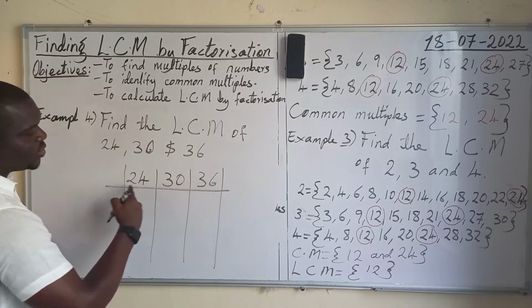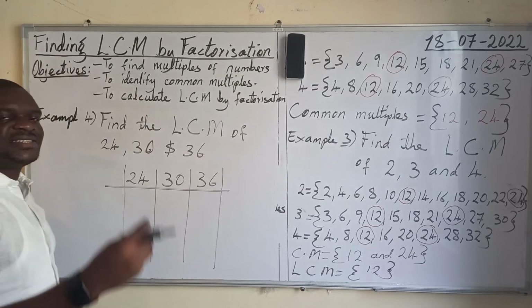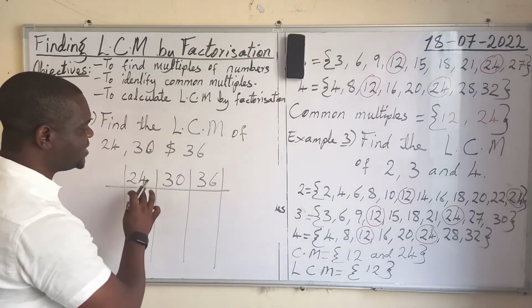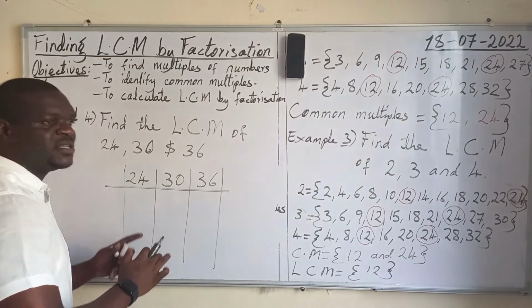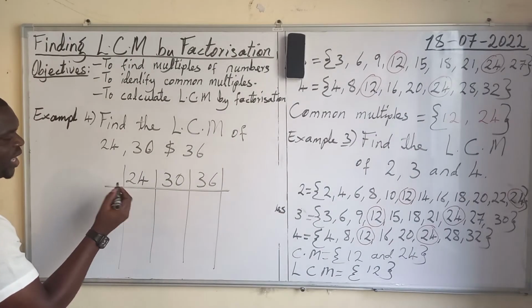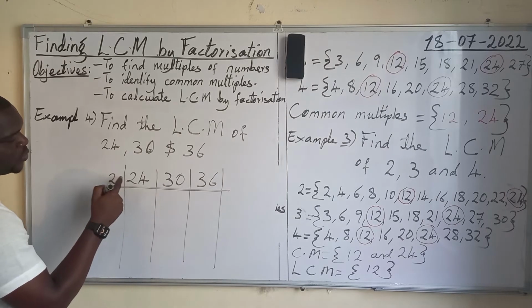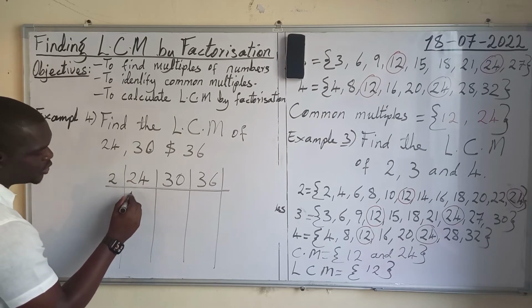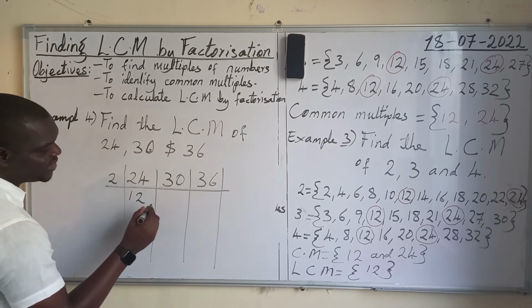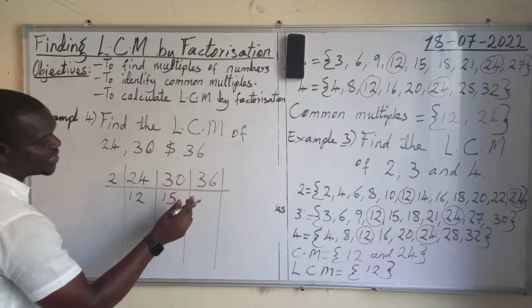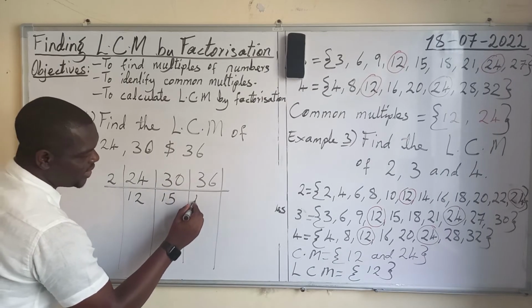If you look at all these numbers, which is the lowest prime number that can divide one of the numbers or all the numbers? We start with 2. 2 will divide 24 12 times. It will divide 30 15 times, and it will divide 36 18 times.